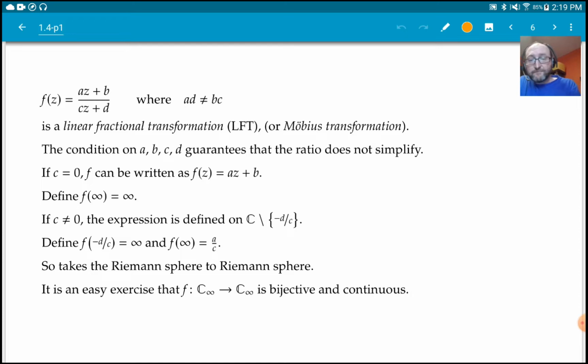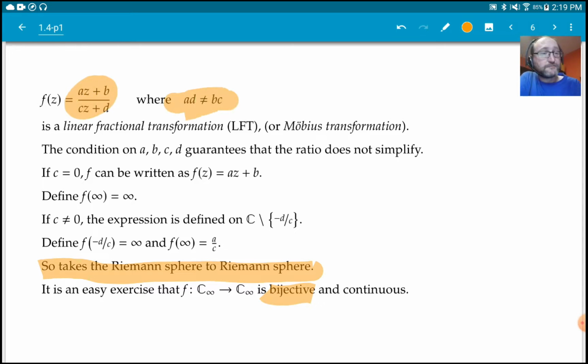The mapping takes the Riemann sphere to itself, and it's bijective. For any A, B, C, and D where this condition is true, it is bijective. It's not hard to show. It's 1-to-1 and onto with these definitions, of course, so not just this expression.